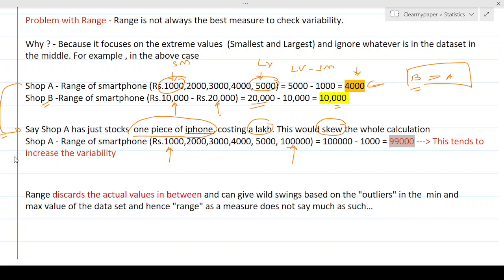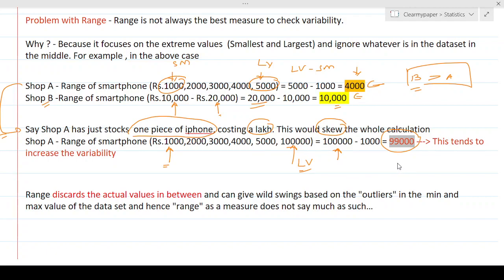So if I calculate the range after the iPhone is stocked, the largest value is 1 lakh rupees, minus the smallest value, which is 1,000. Then it becomes 99,000. So now 99,000 is the value of the range for smartphones for shop A, and shop B is still at 10,000.